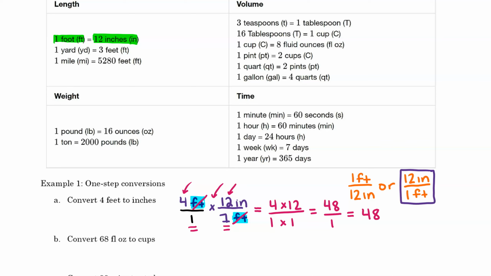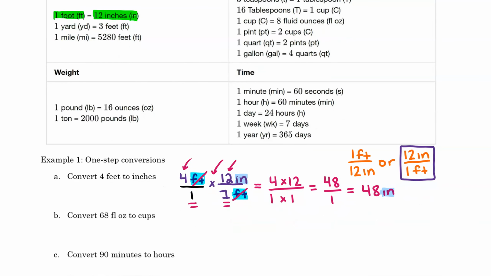The only unit which was left in our conversion was inches, so that's the unit which goes in the answer: inches. So 4 feet is the same as 48 inches.